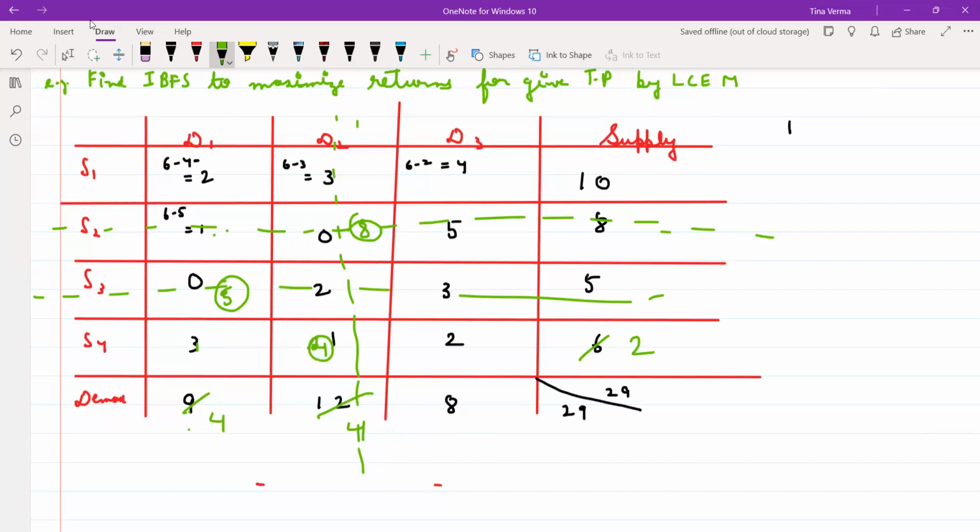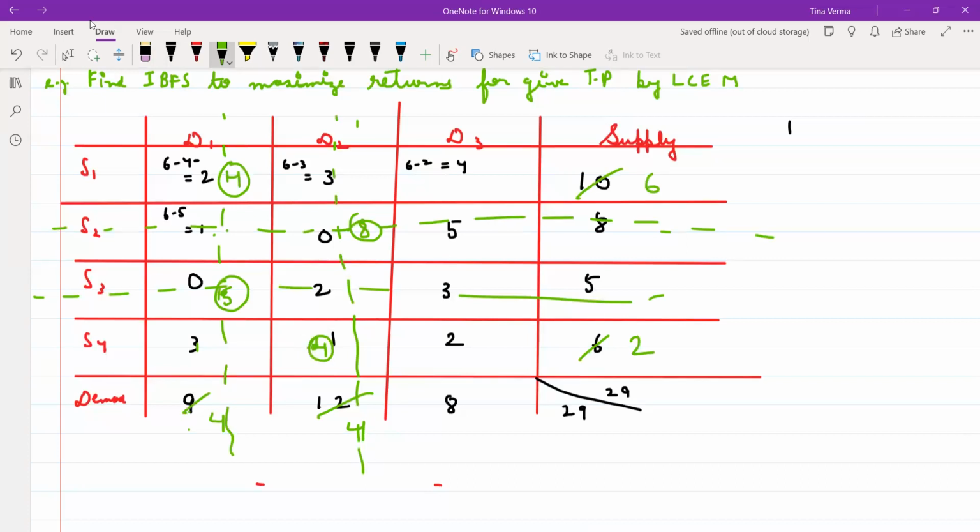Now again you have 2 in two places. So here the allocation is 4 and here the allocation is 2. So what will you choose? You will choose this allocation, and you will assign 4 over here. And what will you cut? Column. So it will be your 6.